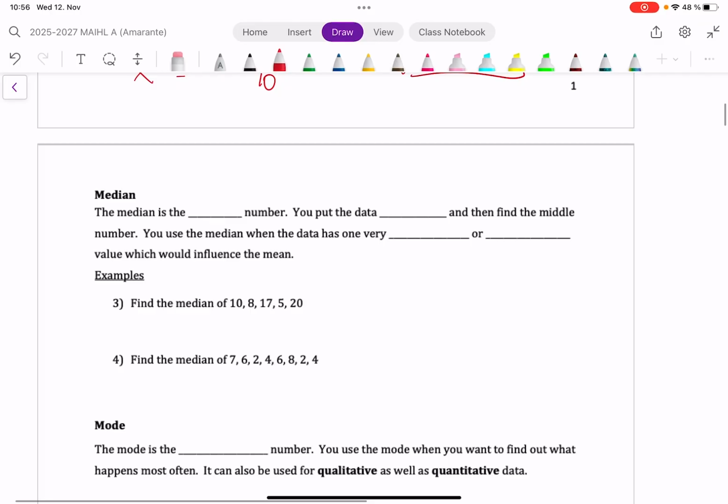Median. Median is the middle of the data. The median is the middle number when you put the data in order. So you put the data in order, and then find the middle number. You use the median when the data has one very small or large value, which would influence the mean.